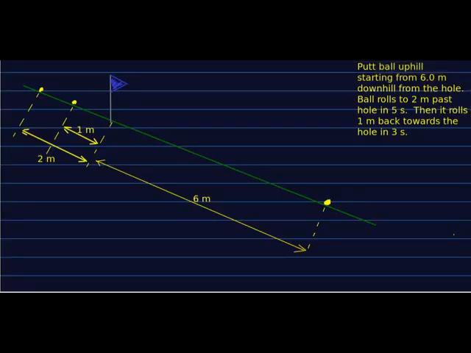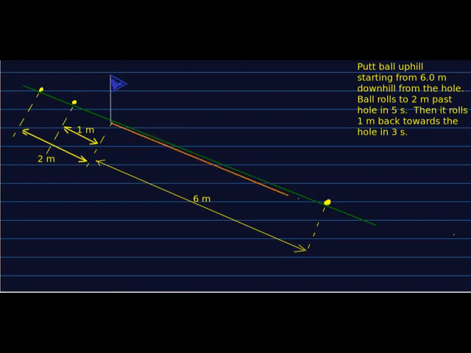Let's do an extended example to see how some of these ideas work. So here we're putting a ball. We're putting uphill, and we're starting 6 meters below the hole, and the ball rolls 2 meters past the hole, and then 1 meter back towards it. And the first thing I'm going to do is define axes. And remember, we can define them any way we want.